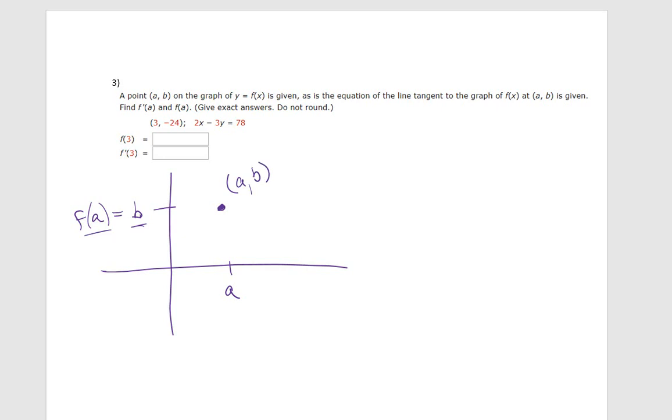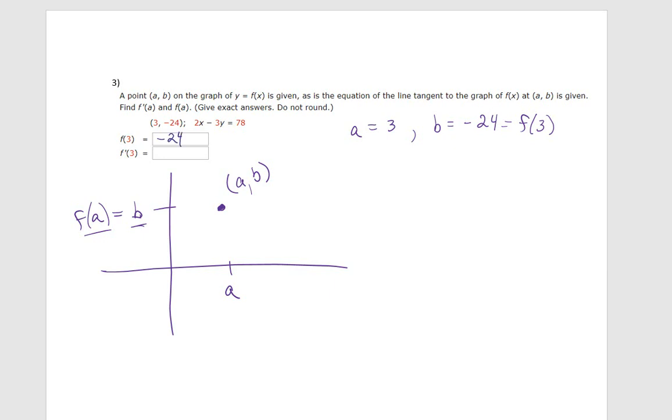When they give us the point (3, negative 24), what they're saying is that a equals 3 and b equals negative 24, which is the same thing as saying f of 3 equals negative 24. So right here, our answer would be negative 24.